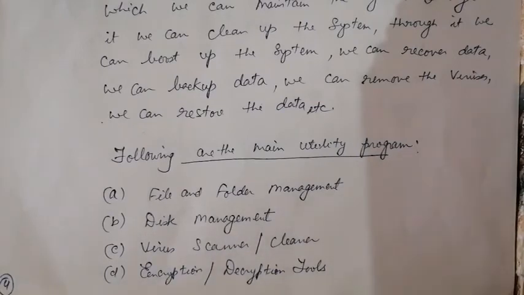Then disk management, through which we can manage the disk. How can we manage the disk? We manage the disk, meaning the hard disk drive. We can format the disk, defragment the disk, scan the disk, clean the disk, right? So that is disk management. Applications come for the purpose of managing the disk.